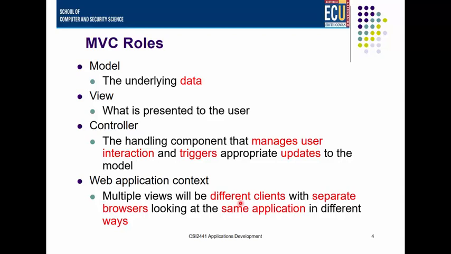Okay, so it is a complex scenario. Multiple requests will be going through controllers to the models, and they will get served. So in a web application, we may have many controllers. Views are basically attached to the controllers, and that controller links them to the model.